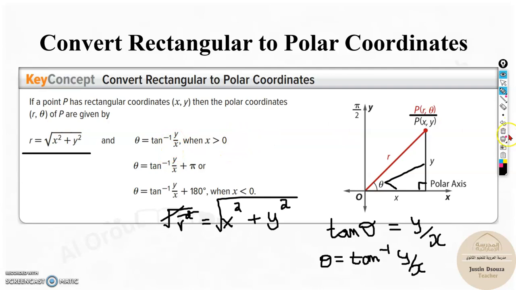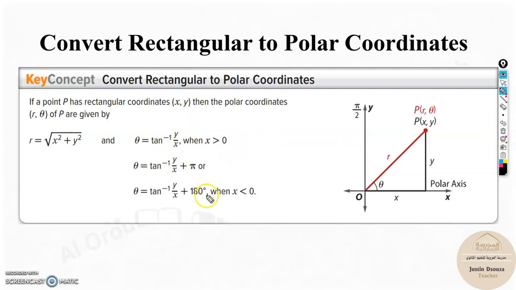But there is a condition in this case. Whenever x is greater than 0, that is positive, say 0.5, 1, 2, and so on, you have to just use this formula, tan inverse y by x. But what if x is negative, x less than 0, like -1, -2, and so on?